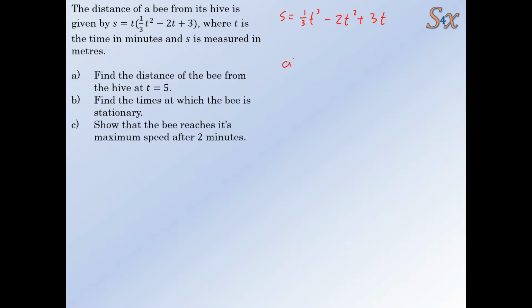So for part A, you want to find the distance of the bee from the hive at t is 5. All we do is substitute it in. S is the displacement from the hive. So I just substitute in my t is 5, and put it in a calculator.